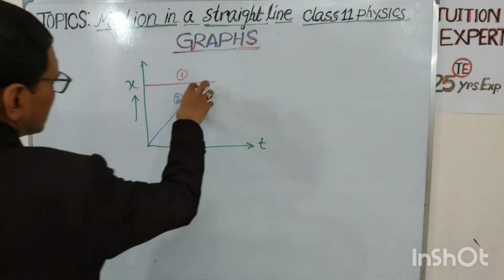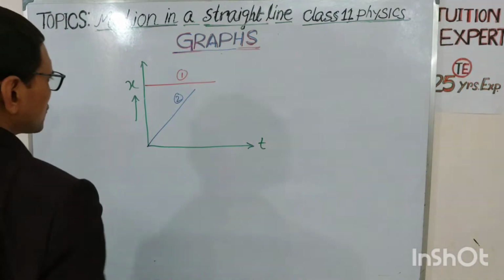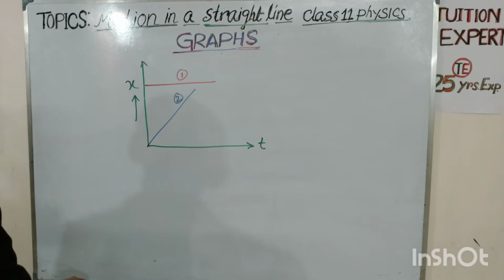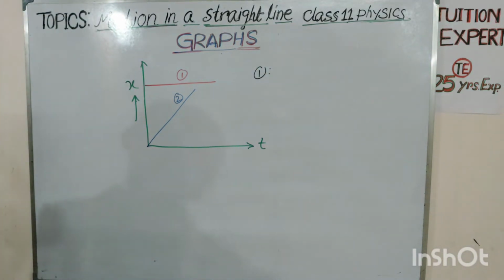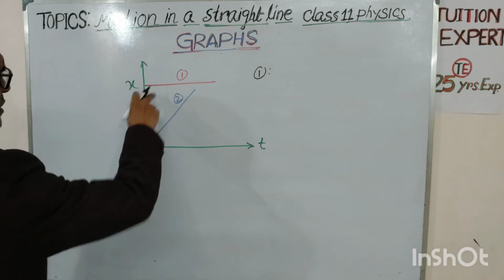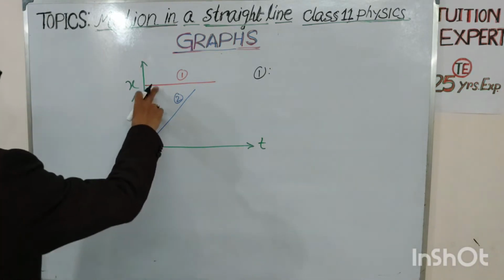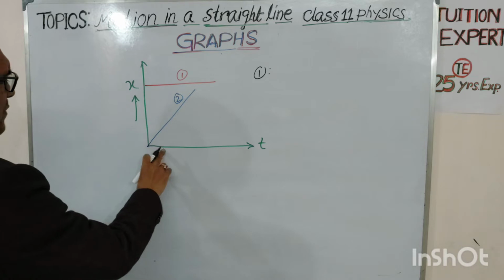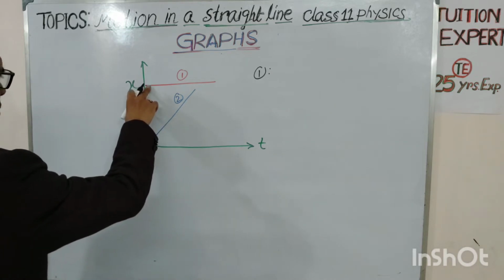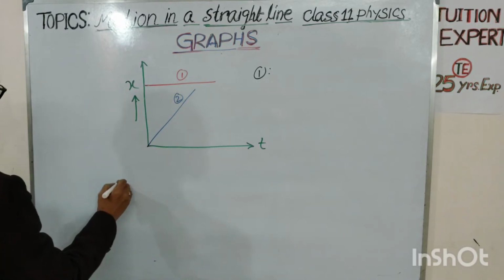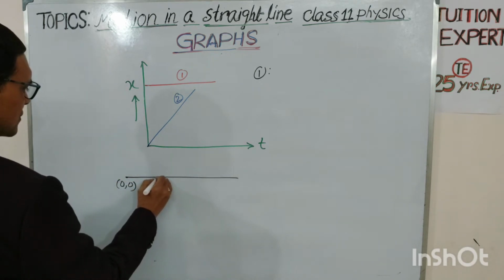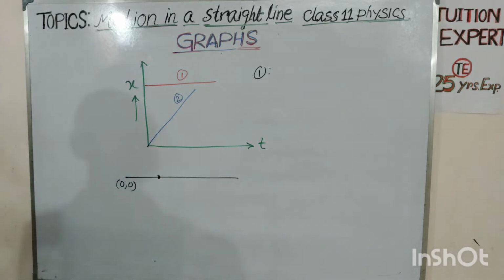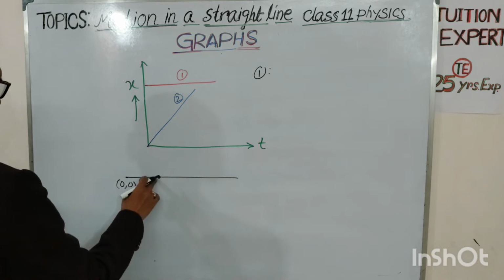So let's start. Let's discuss the two graphs. What is the motion described by graph 1? This graph means that as time increases, its displacement remains the same. Suppose this is the origin. So the position of the body is here.